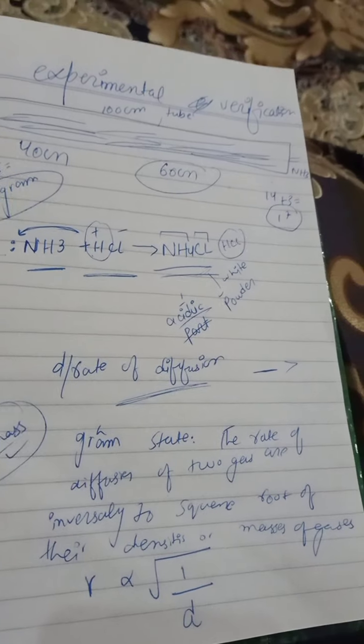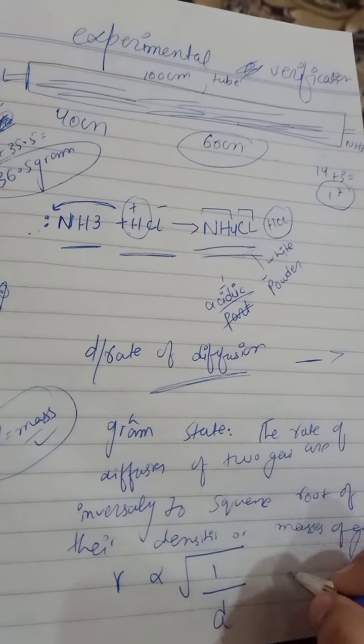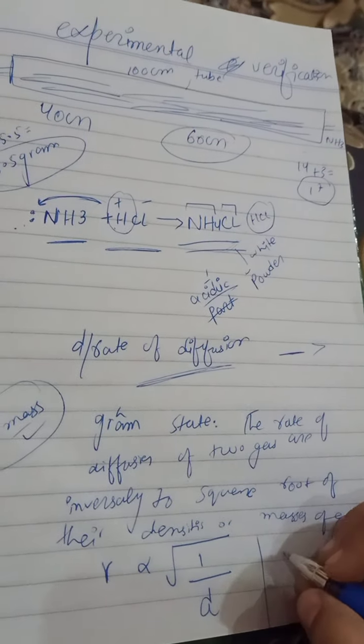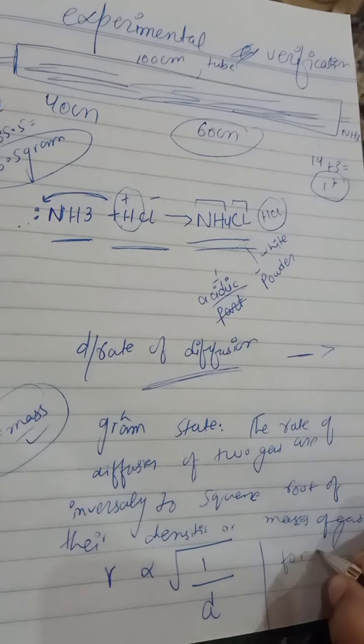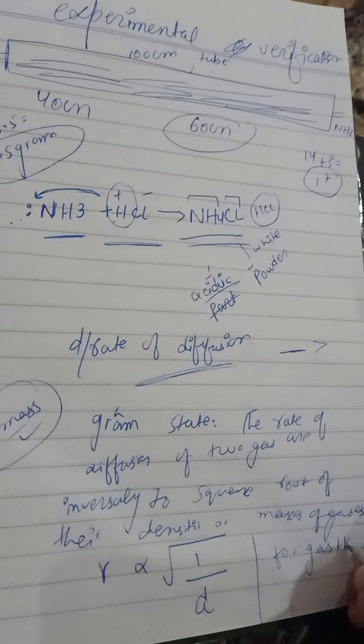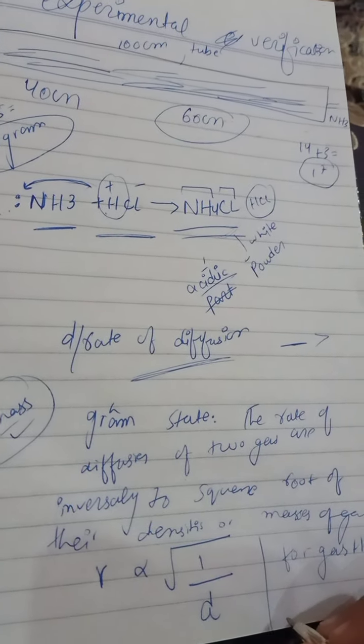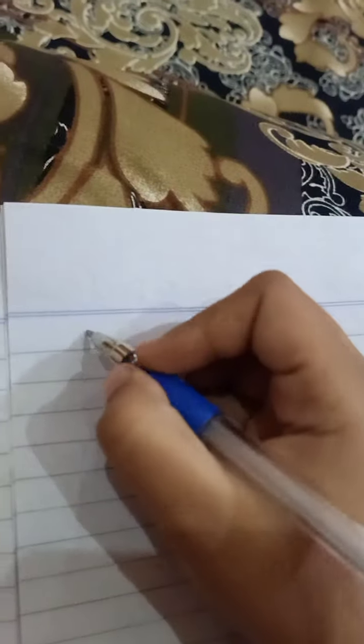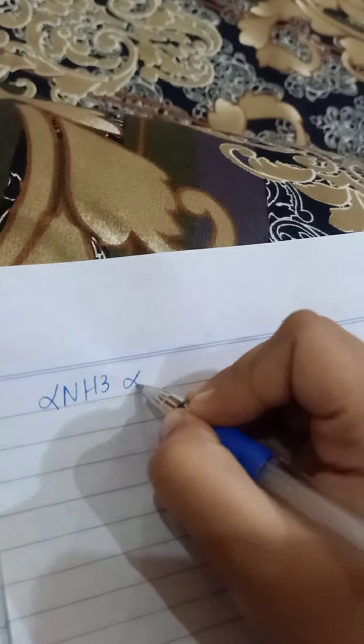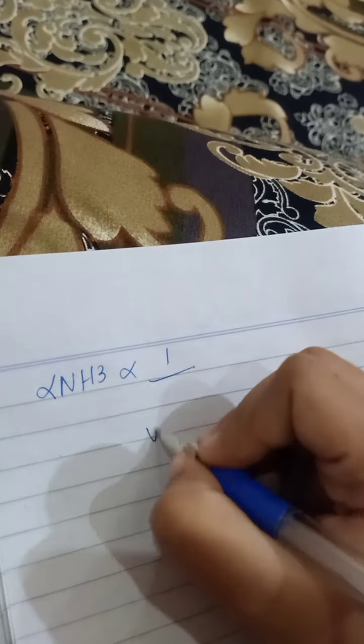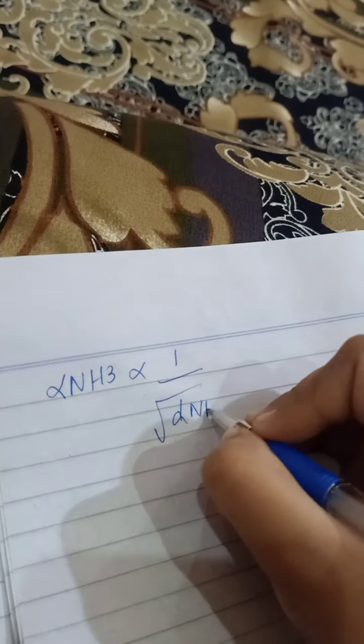So here, for the gases ammonia and hydrogen chloride, let me write here. We have two gases. The rate of diffusion of ammonia is directly proportional to 1 upon the density of ammonia.